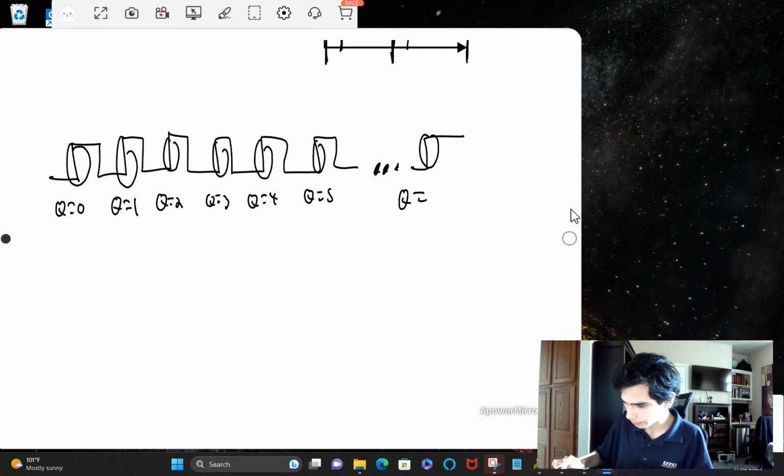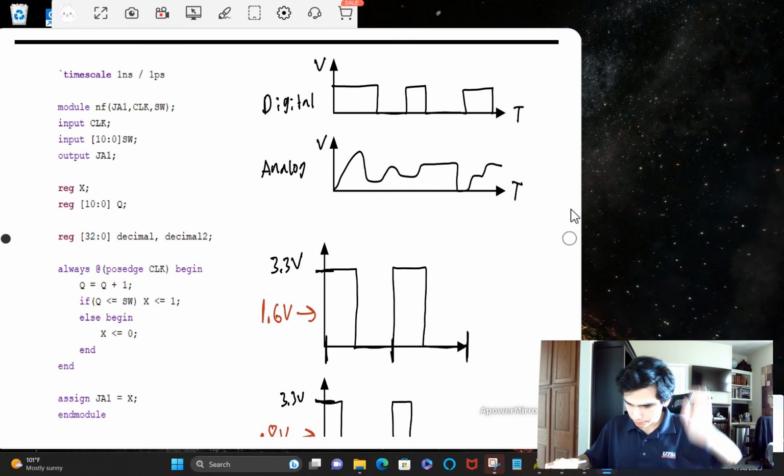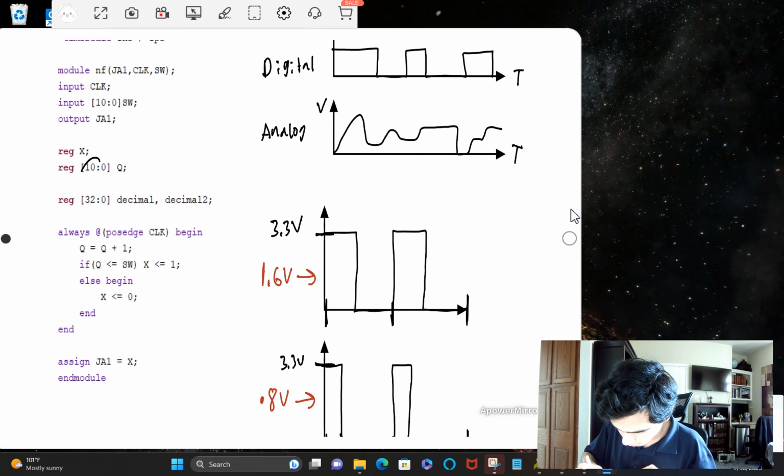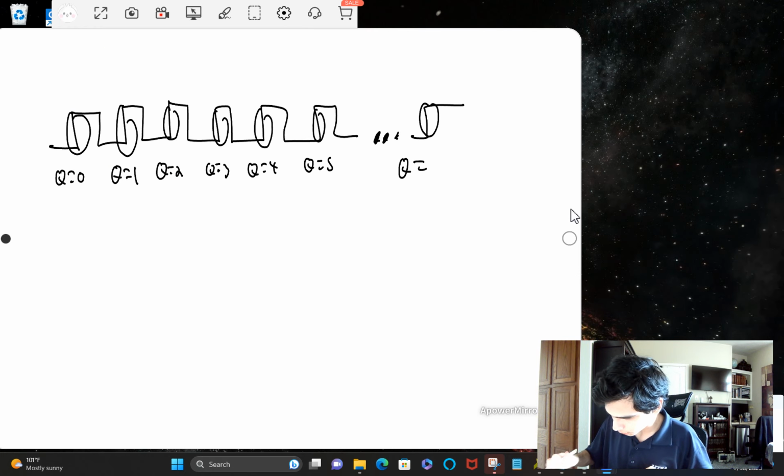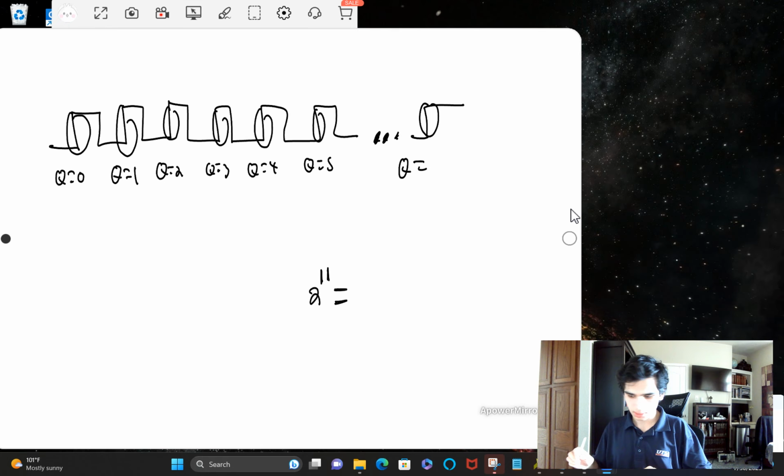So Q is equal to whatever the maximum of 11 bits is. Since there are 11 bits, it's 2 to the 11, minus 1.